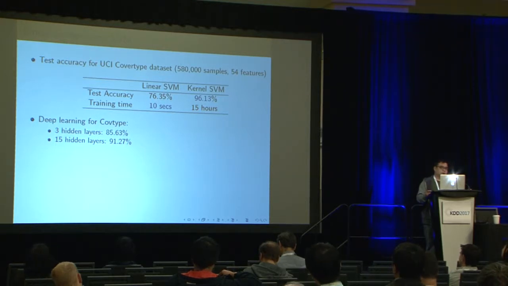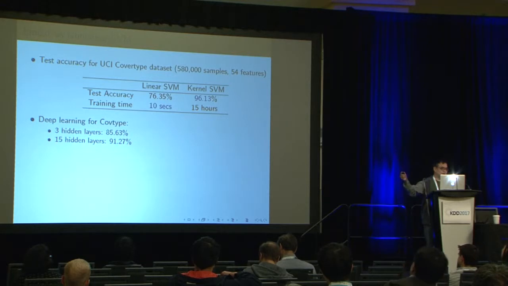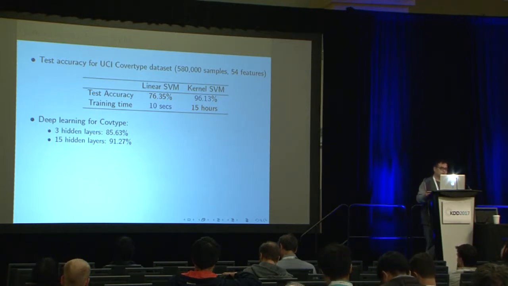So let's try to answer the question, why do we still want to use kernel SVM if we have linear SVM? On the one hand, we have linear SVM. On the other hand, we have deep learning. But I want to use this dataset to show kernel SVM still has some advantage on some datasets. So we do experiments on this UCI cover type dataset.